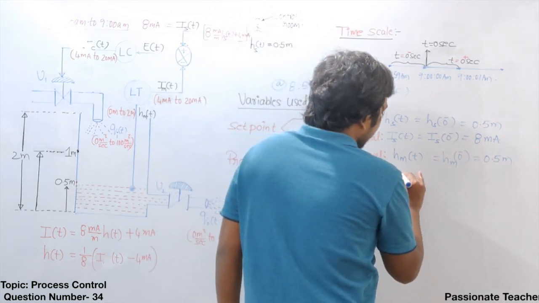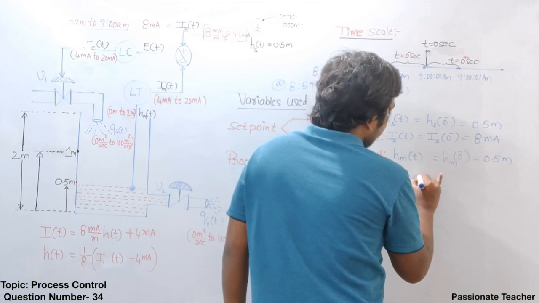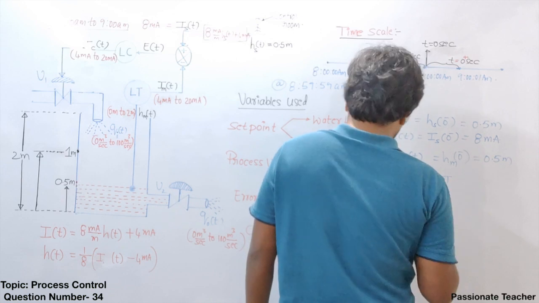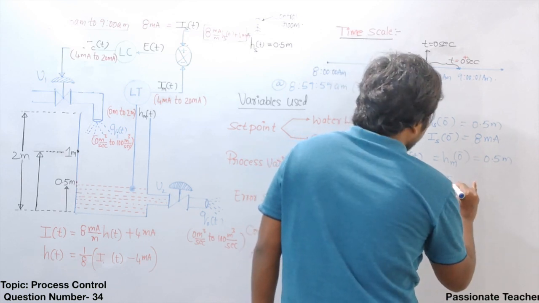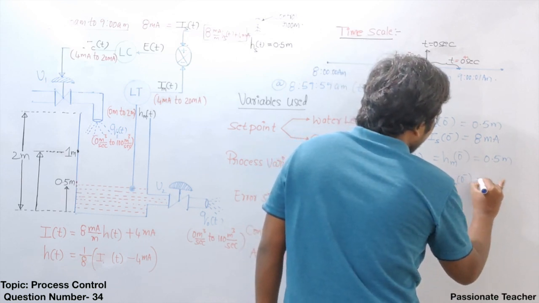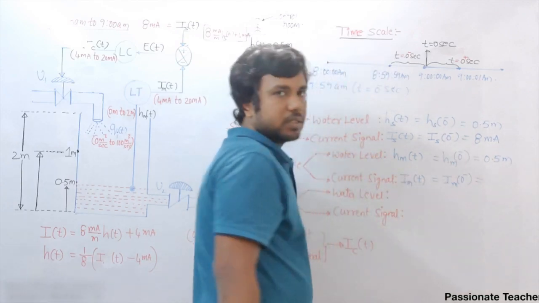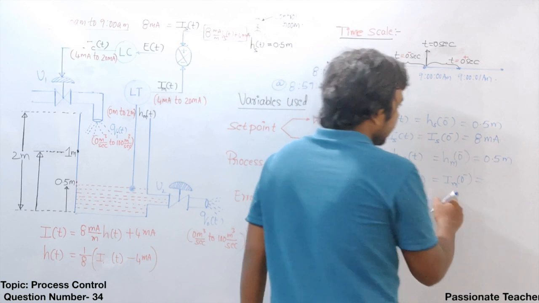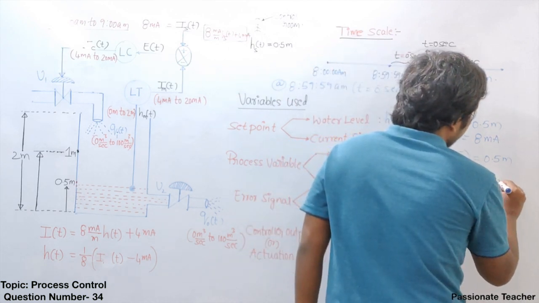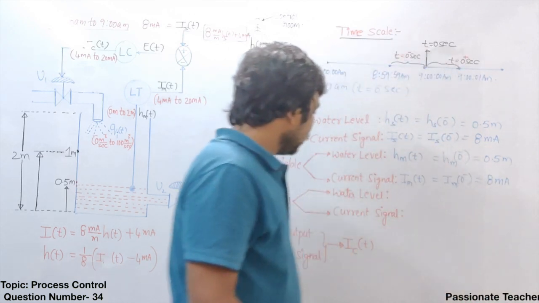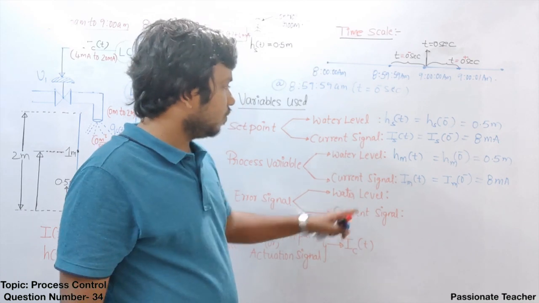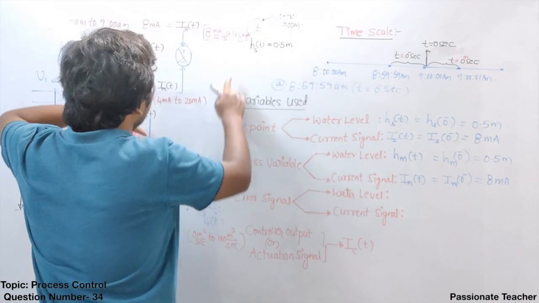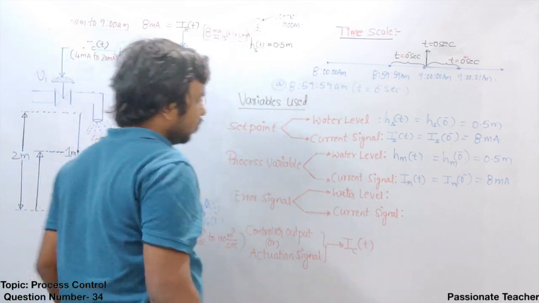Now when you come back to the current signal, that is Im of t, it can be given simply as Im of 0 minus, because the water to current relation is the same on either side. So even here it will be at 8 milliampere. Clear? So now if you look at the error signal in water level, how can I write the error signal? This is the difference in these two currents or the difference in the heights. Both will be correct only.